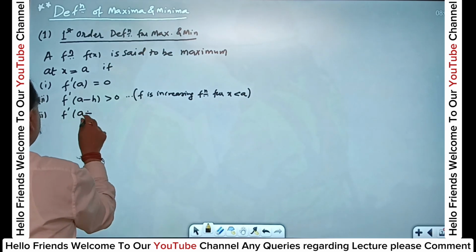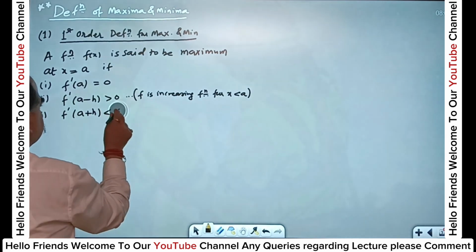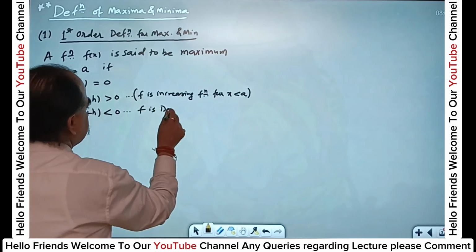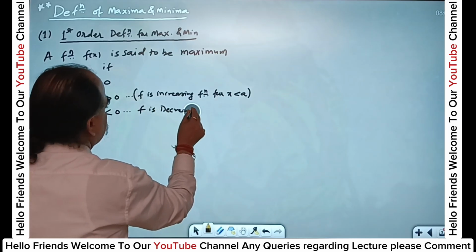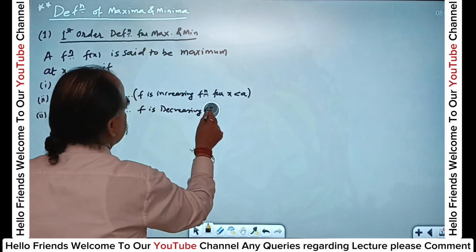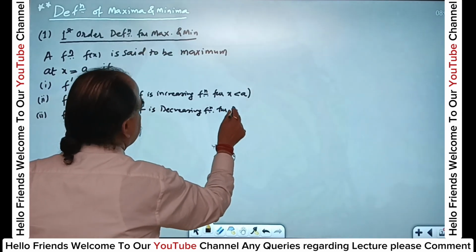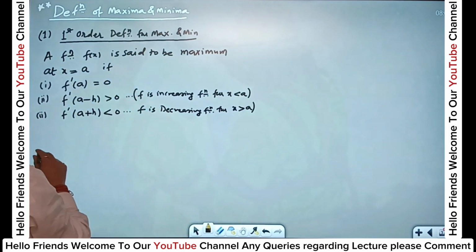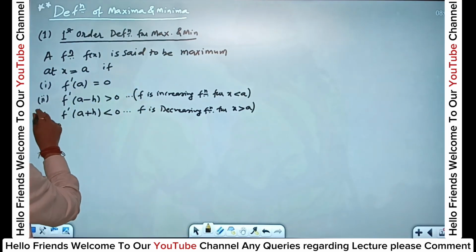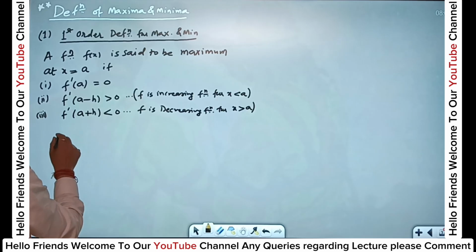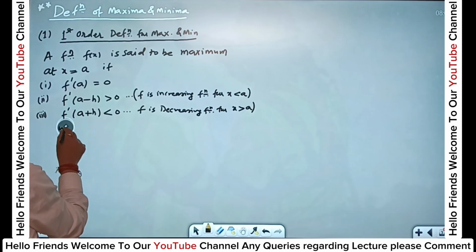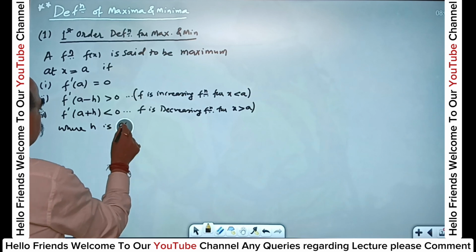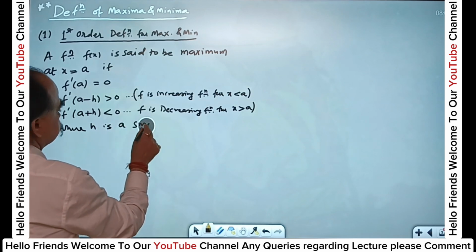And f dash a plus h is less than 0. That is, f is decreasing function for right side to a, where h is a small real number.